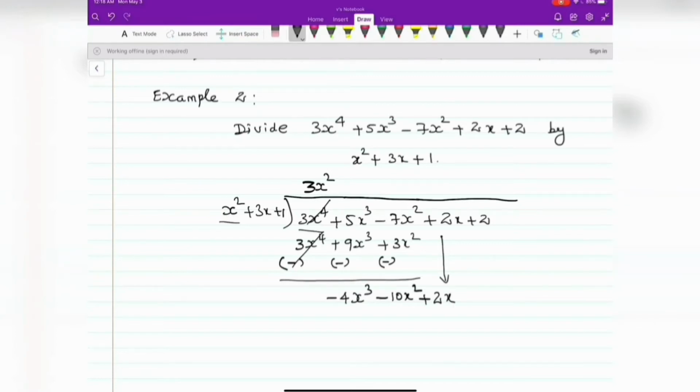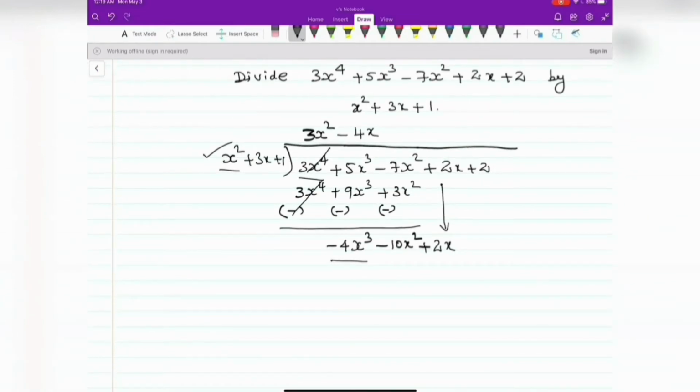Now the first term over here is minus 4x cube. But I am having here x square. So I have to multiply it by minus 4x. So minus 4x into x square will give me minus 4x cube. Then plus 3x into minus 4x will give minus 12x squared.